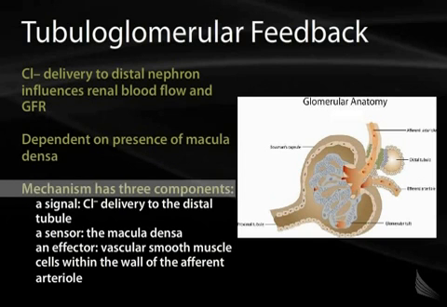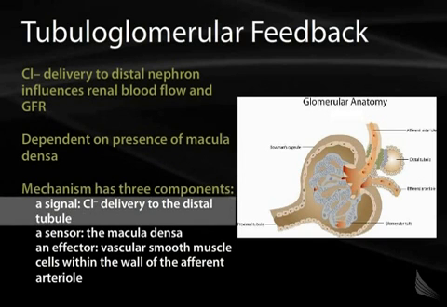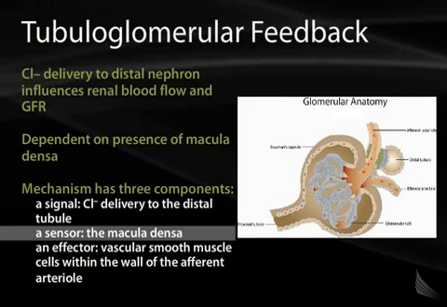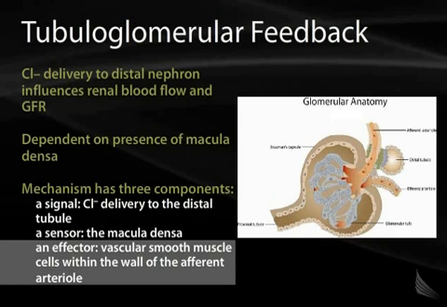The macula densa has three components: a signal, chloride delivery to the distal tubule; the sensor within the macula densa, which happens to be the sodium-potassium-2-chloride cotransporter, the same cotransporter present in the thick ascending loop of Henle; and the last component, an effector, vascular smooth muscle cells within the wall of the afferent arteriole.